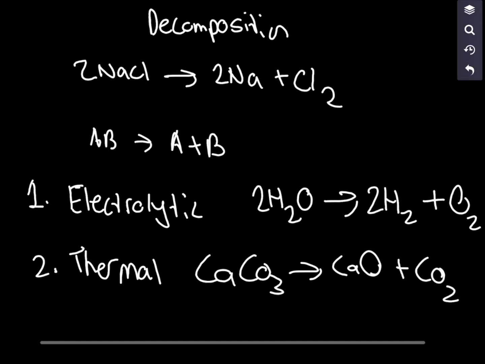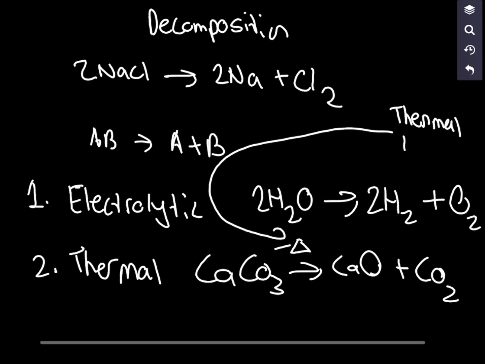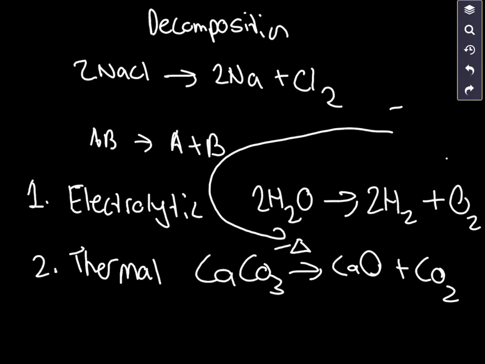The way you would express that a reaction is a thermal type decomposition reaction is on top of this arrow, you would have this little triangle sign. This indicates that your reaction is thermal decomp, okay? Thermal decomposition. Just write decomp for short. So make sure to write this little triangle whenever there's a thermal decomposition reaction. For the first type, you don't have to write anything, okay?